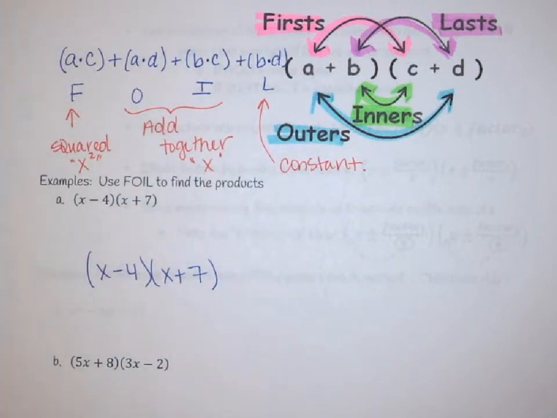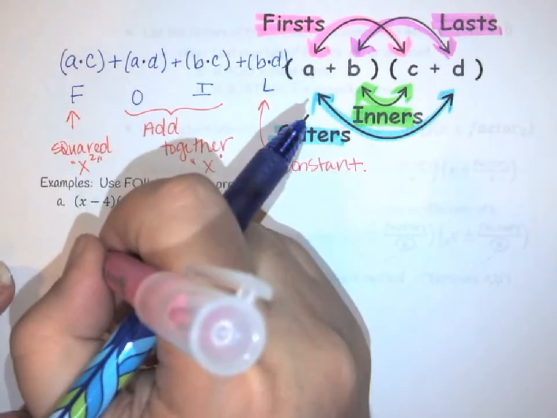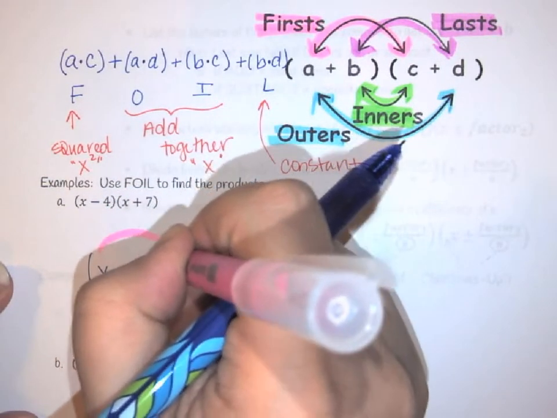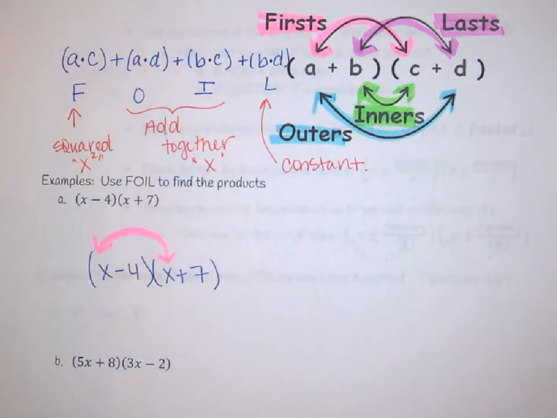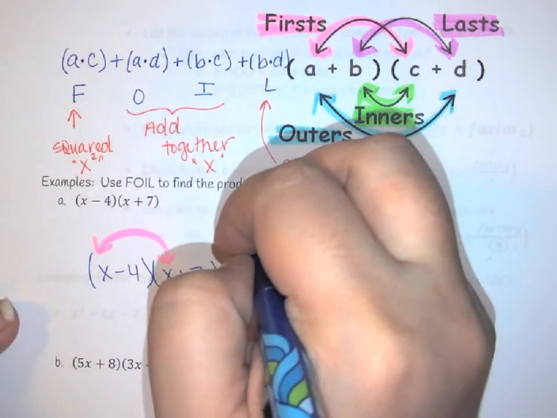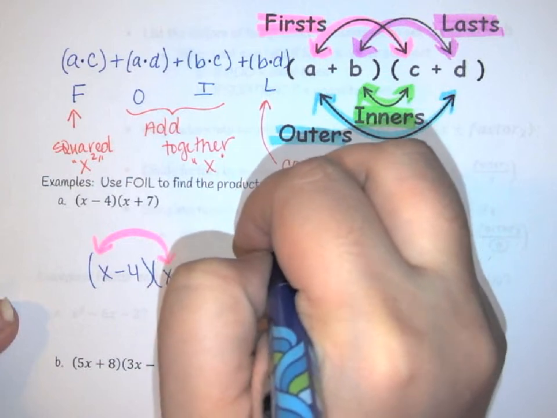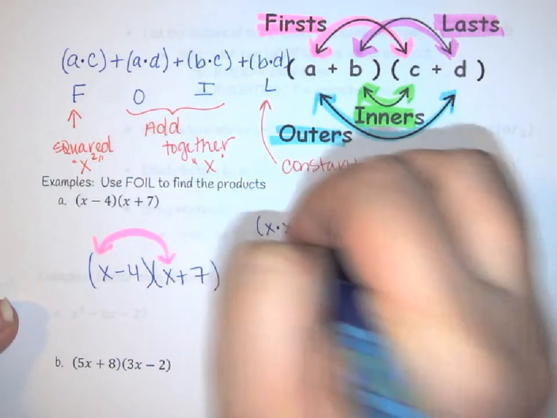So our first terms is just that. They are the first terms of each binomial multiplied together. So when we're talking about first, we're talking about these two right here. Notice both of these terms are x's, so here we're looking at x times x to be my first term.